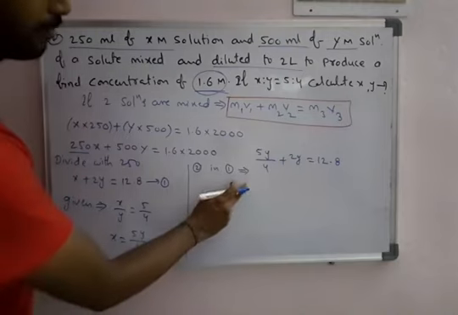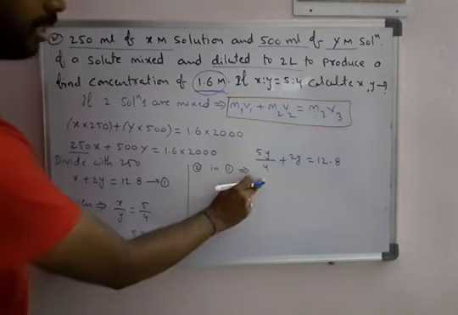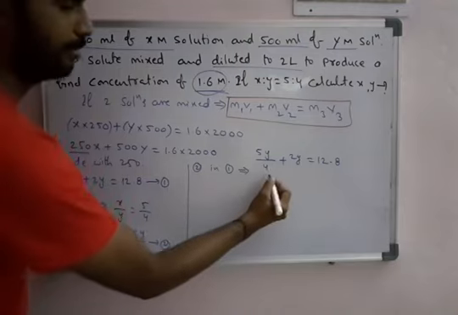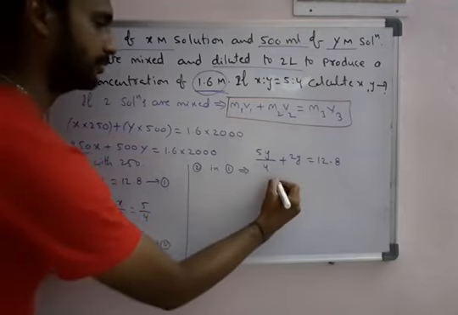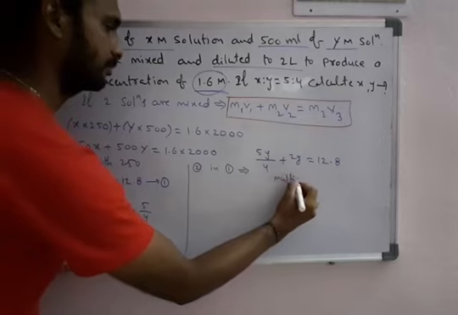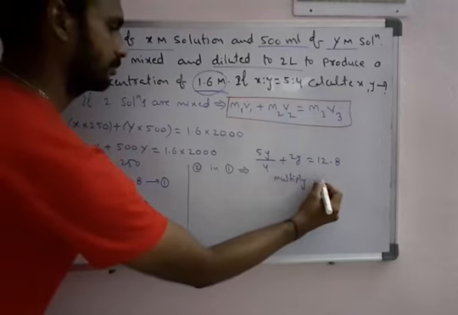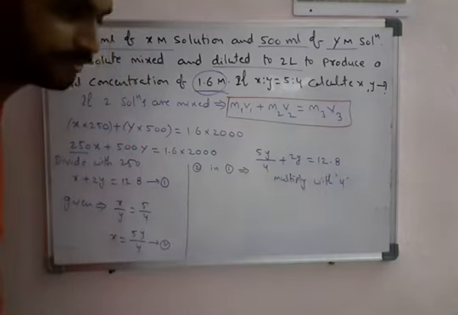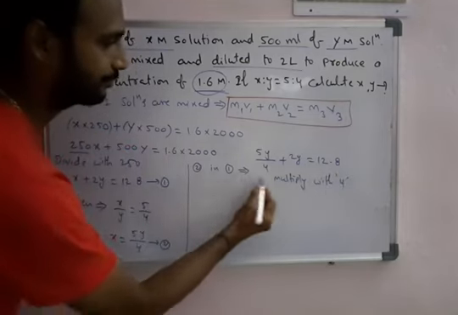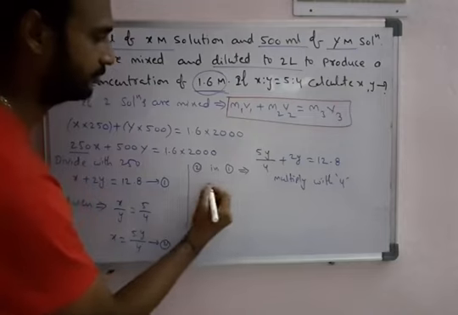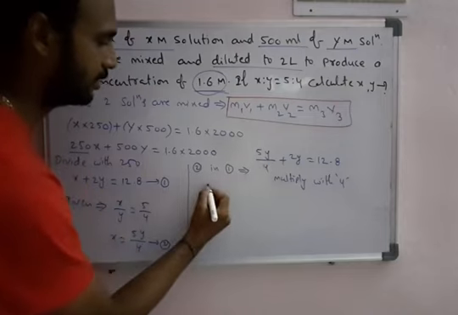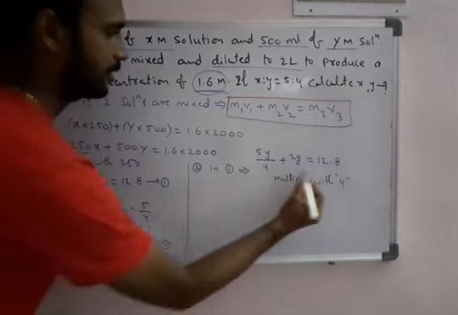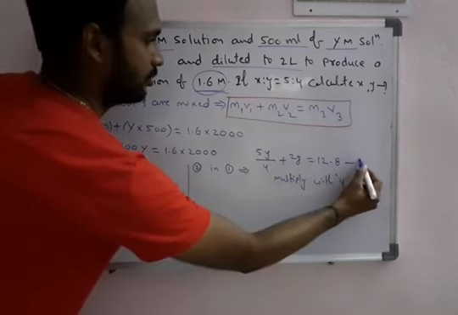So now multiply this equation with 4, and here the 4 gets cancelled. Say it is equation 3.